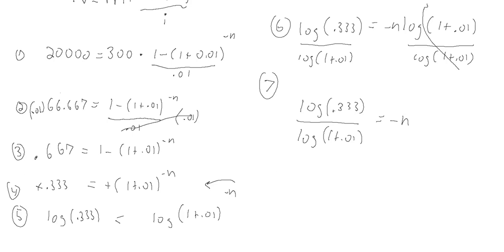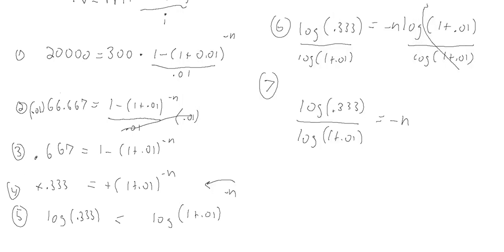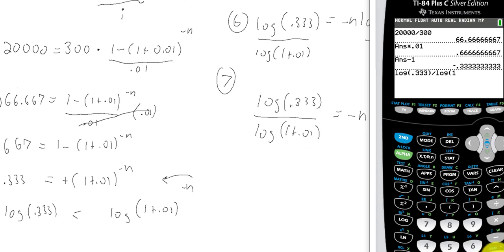Okay, so let's do that in our calculator. Let's see if I can move this over in the spot you can see. So I'm going to do log 0.333 divided by log of 1 plus 0.01. Close that.